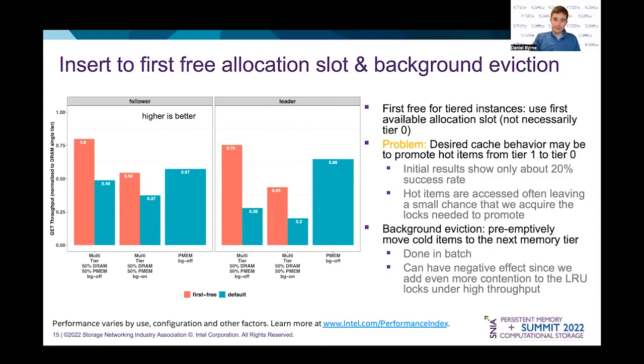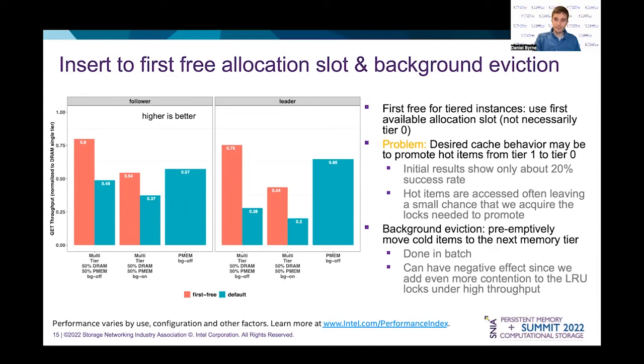So inserting first free and background evictor actually came up with some interesting results. First free is the idea that the first available allocation slot might not necessarily be in tier 0. The problem with this is that the cache should have the hottest items in tier 0, our initial tier.